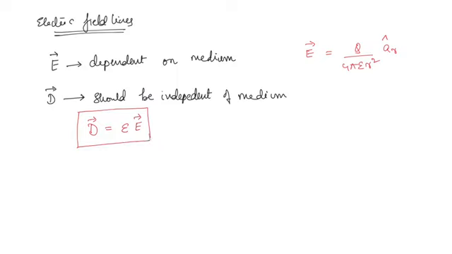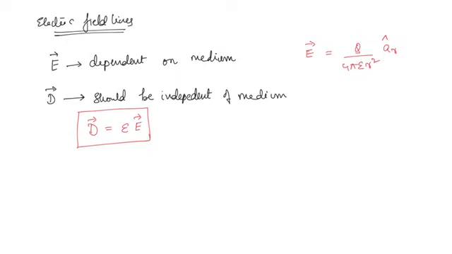Now the electric flux is described in terms of this new vector d bar instead of E bar. It should be E bar, but since it is dependent on the medium, we want it to be independent of medium. We took a new vector, and using this we are going to define something called the flux.